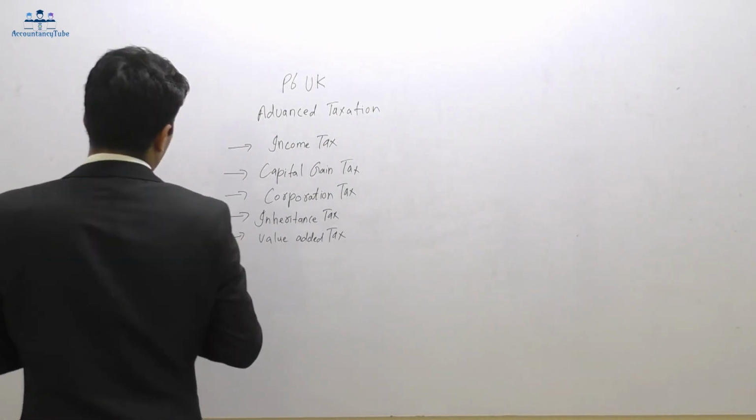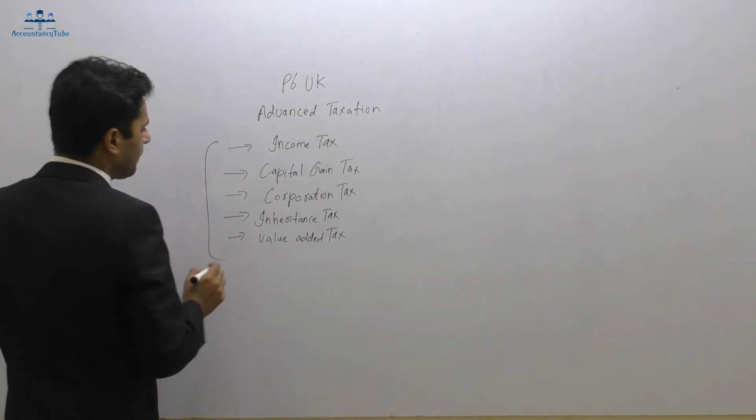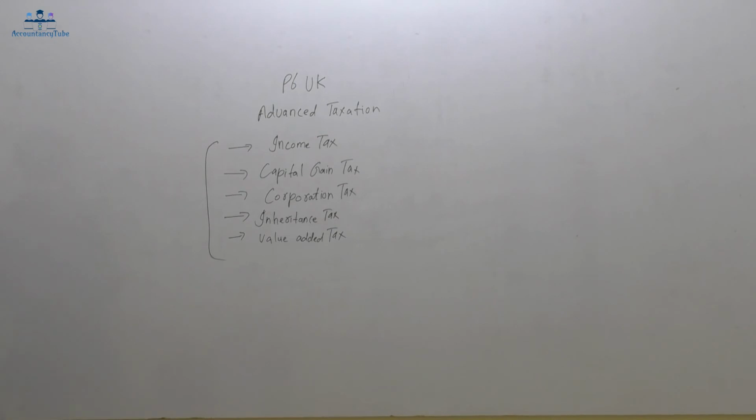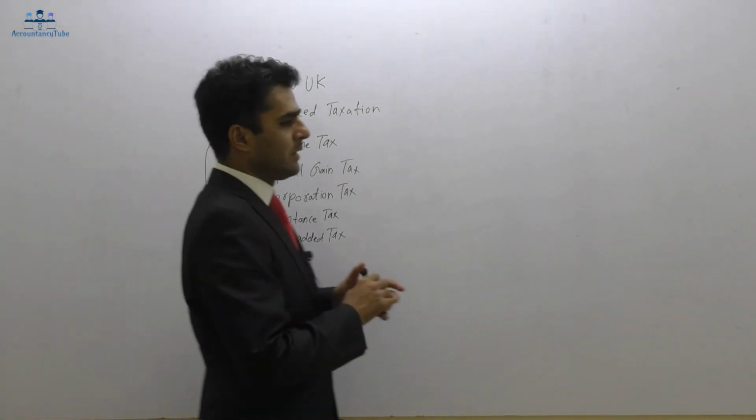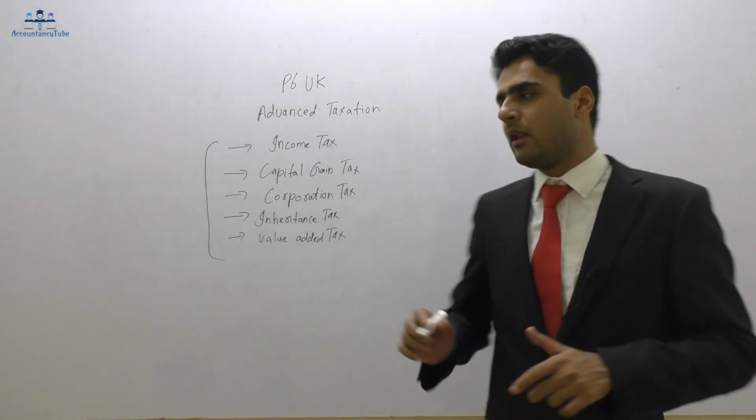So these are basically broad areas of P6 taxation. So normally we will expect the questions from these areas. The difference between F6 and P6 is that the knowledge which we have seen at F6 is almost the same knowledge in P6 as well.